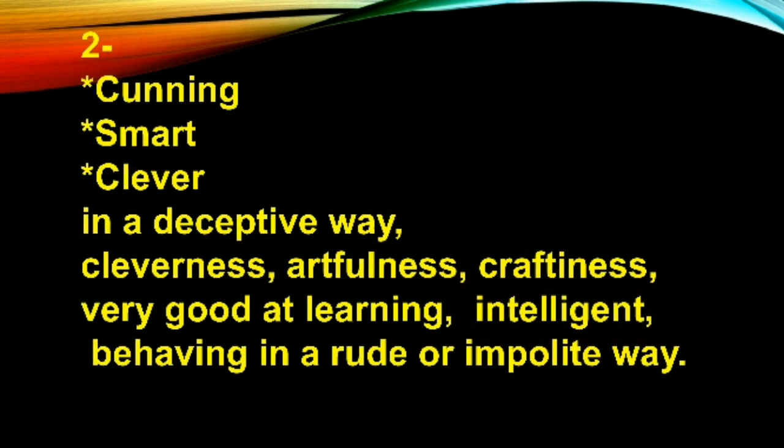Okay, next. Three words are there. Cunning, smart and clever. Meanings: in a deceptive way, cleverness, artfulness, craftiness, very good at learning, intelligent, behaving in a rude or impolite way.